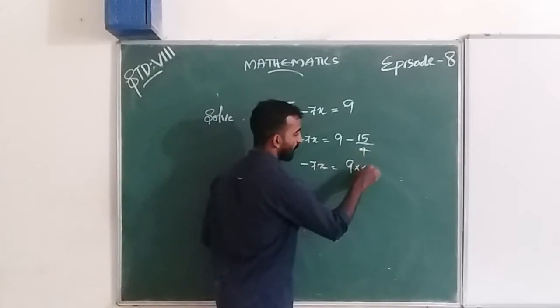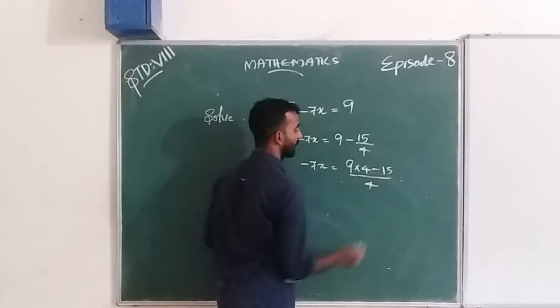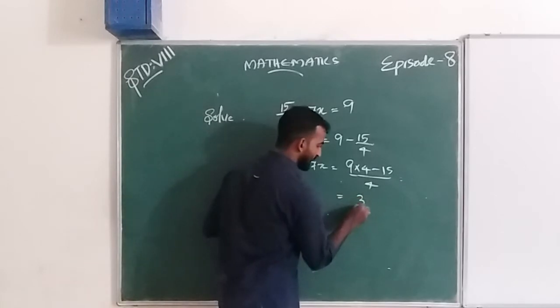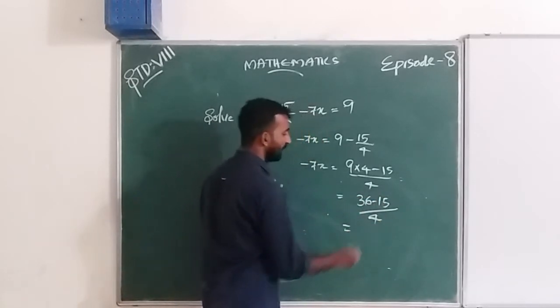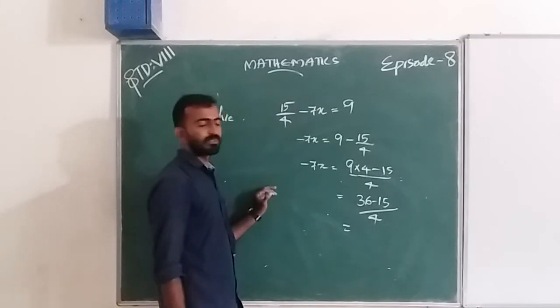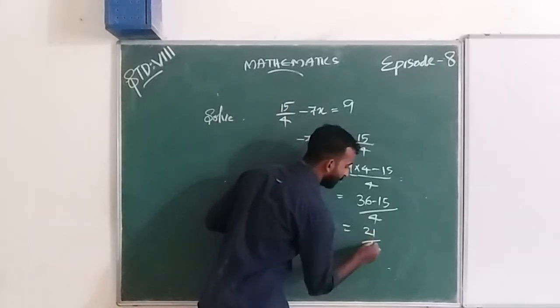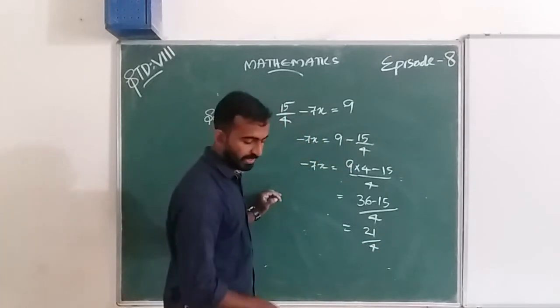Okay, next is negative 7x equals 9 into 4 minus 15 all divided by 4. That is 36 minus 15 by 4. That is 36 minus 15, we get 21 by 4. Is it 21 by 4?